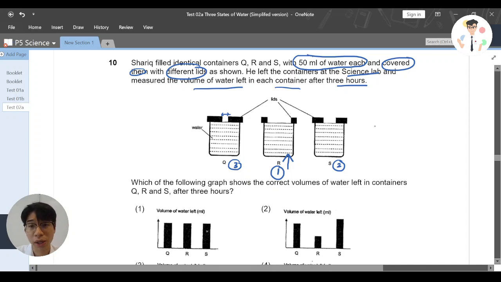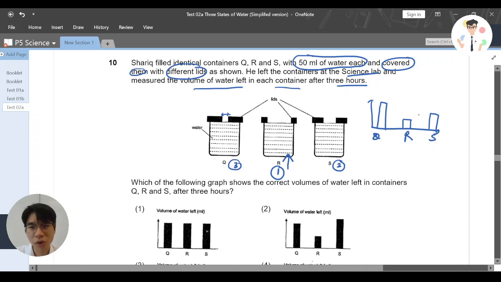With that, I have Q, I have R, I have S. Let me draw the graph. If it is the highest rate, there will be less water, right? Because it gains heat and evaporates faster. So this one should have less water. S, the second, should have slightly more than R, and Q the most.